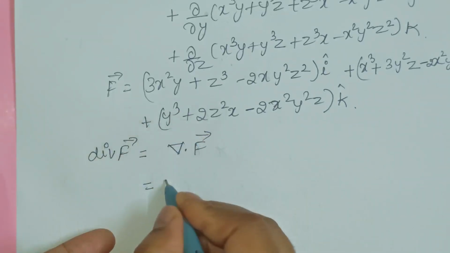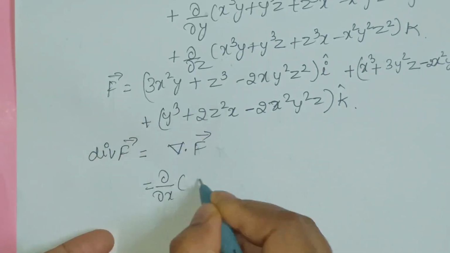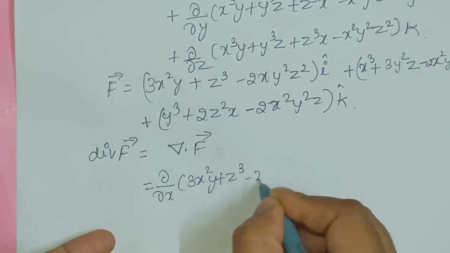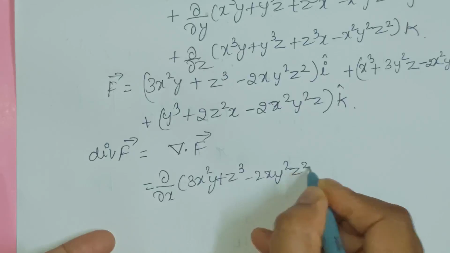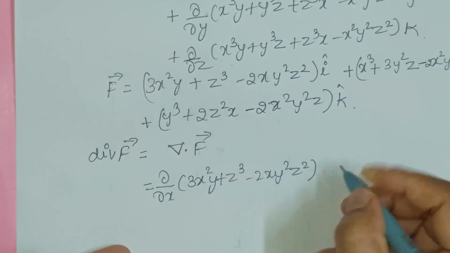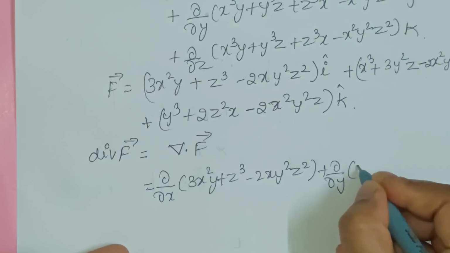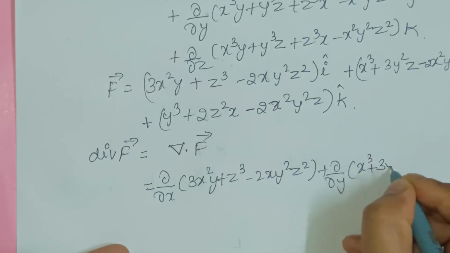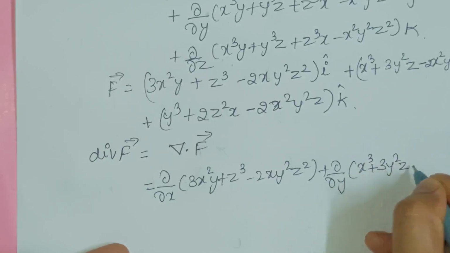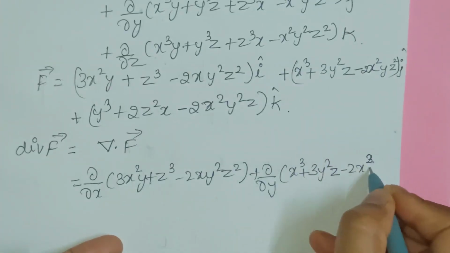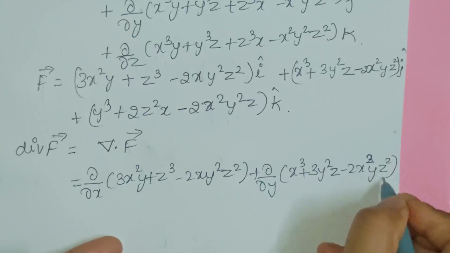So I'm going to write dou by dou x of 3x square y plus z cube minus 2xy square z square. Plus dou by dou y of x cube plus 3y square z minus 2x square y z square.